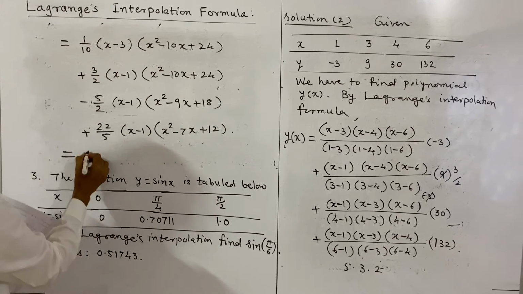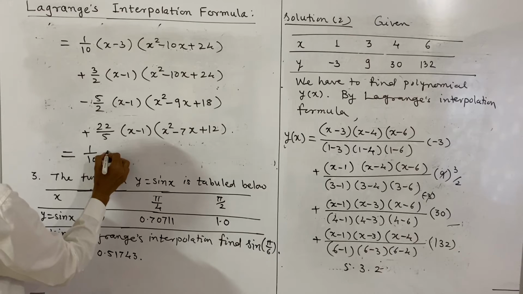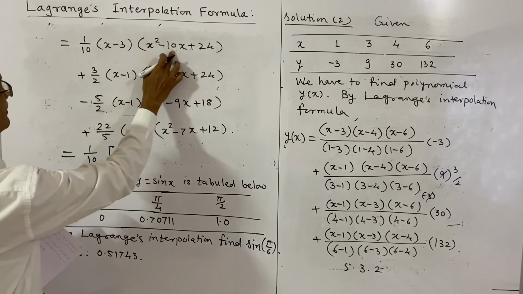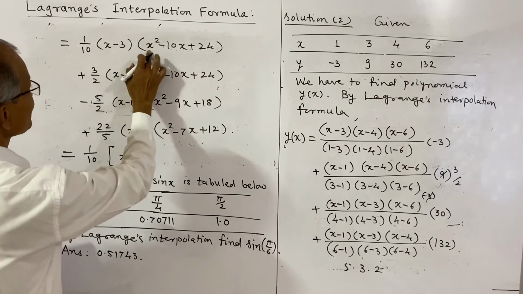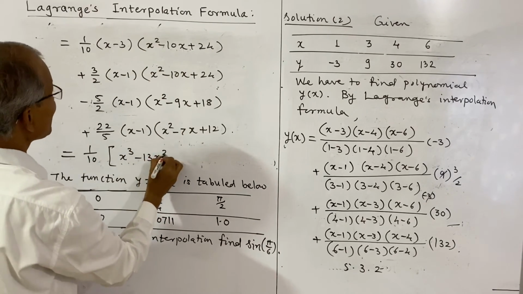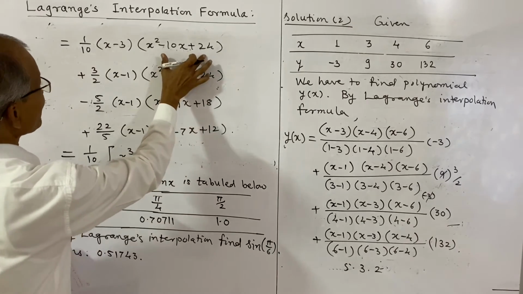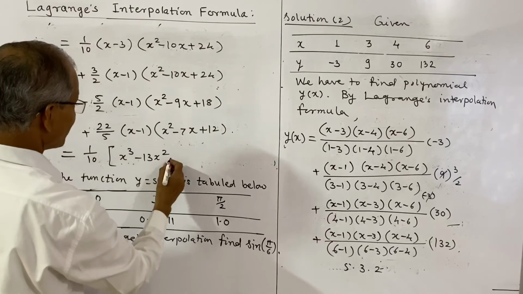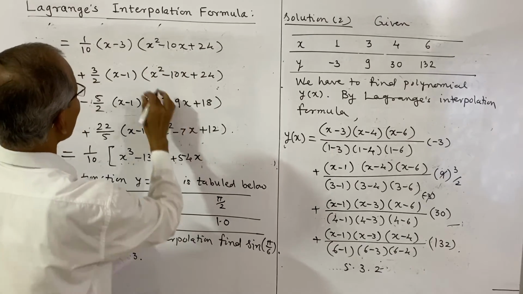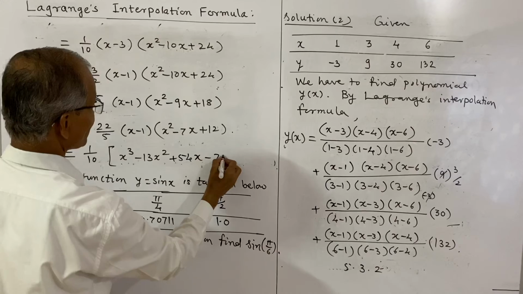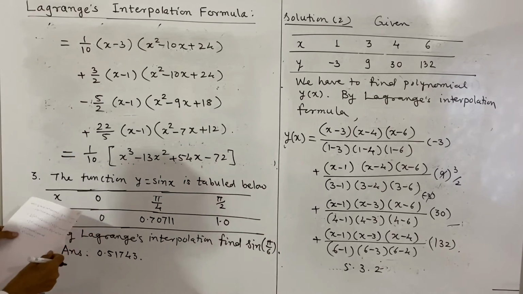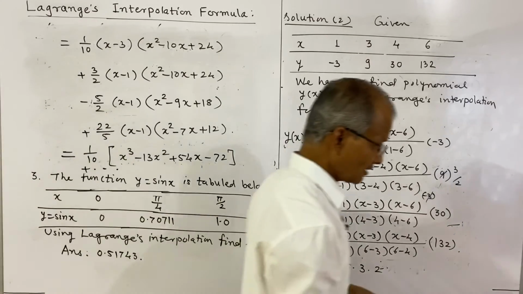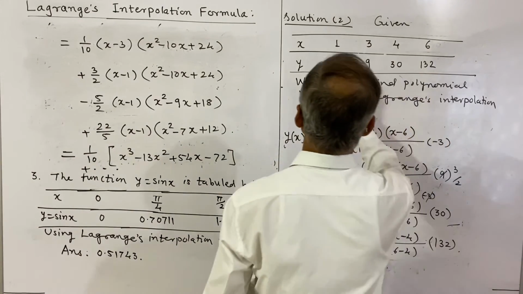See what is the first term, 1 by 10 in bracket, x cube, and then this is minus 10x square minus 3x square, that is minus 13x square, and then it is 24x plus 30, that is 54x, and the final term is minus 72.